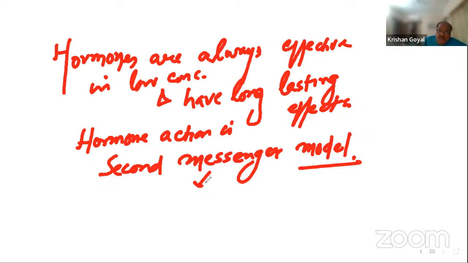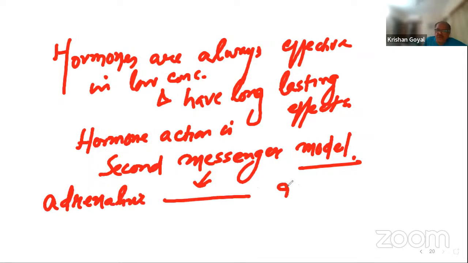This model involves the working of two hormones. One is adrenaline and second is glucagon.